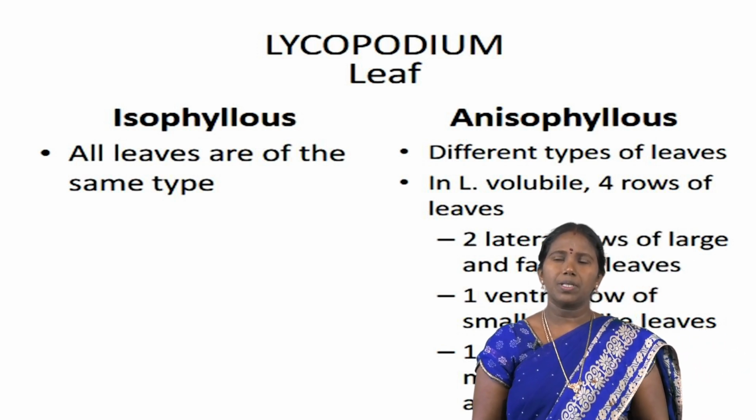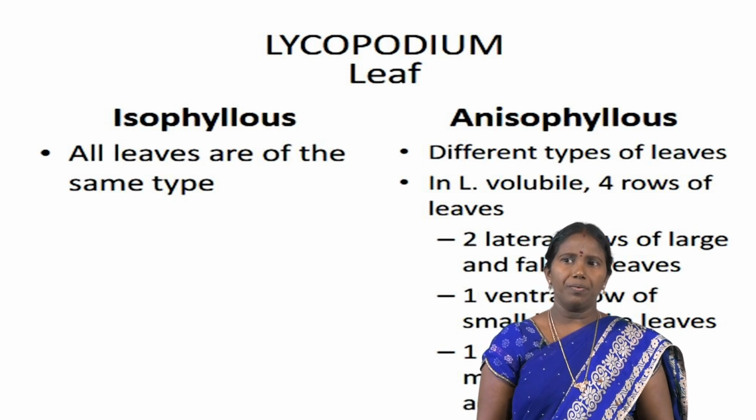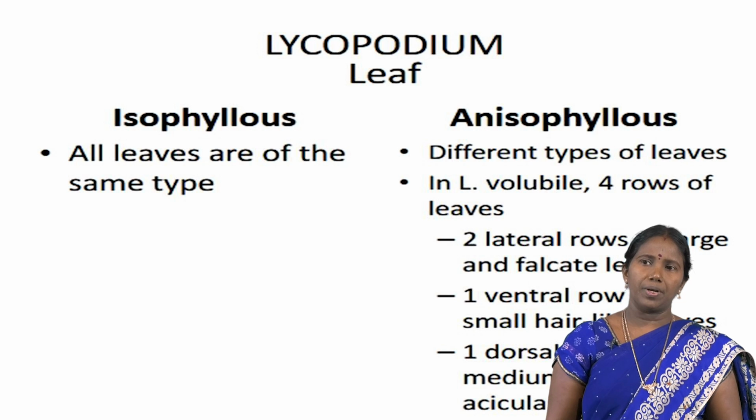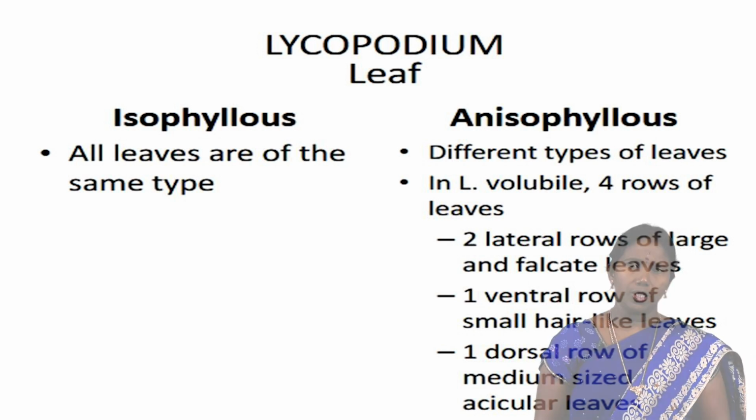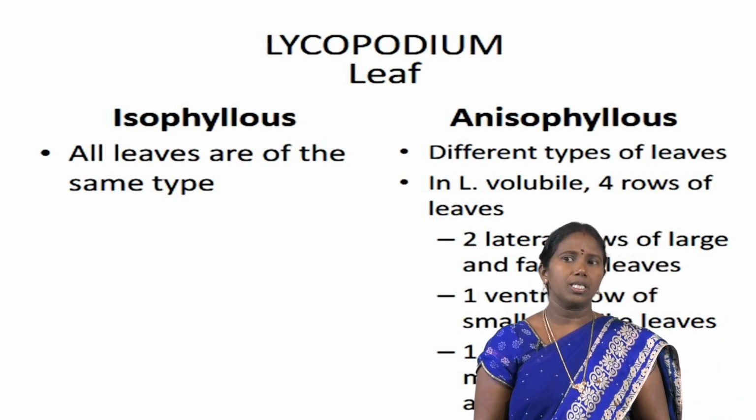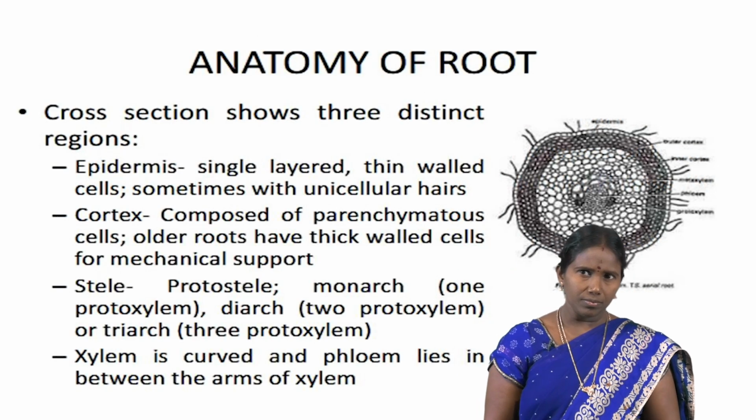Anisophyllous: different types of leaves. In Lycopodium volubile, there are 4 rows of leaves: 2 lateral rows of large falcate leaves, 1 ventral row of small hair-like leaves, 1 dorsal row of medium-sized acicular leaves.